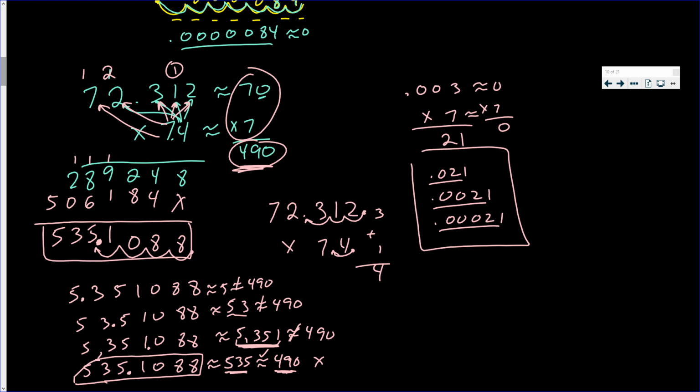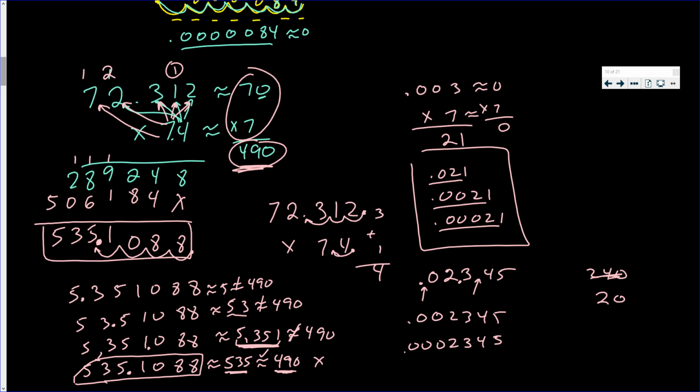But if we had 23, and the answer is supposed to be around 2, then the decimal goes there. If the answer is supposed to be around 20, then you put the decimal there. If the answer is supposed to be around 1, do you put the decimal here, or do you put the decimal there? There are many choices.